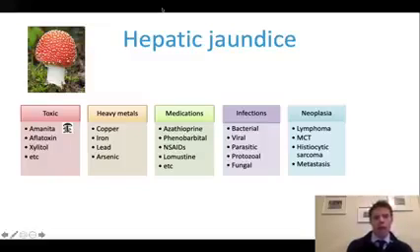But other heavy metals, iron, lead, arsenic, can also cause liver damage and ultimately lead to jaundice through that route. Medications that we use can cause hepatocellular damage, and there are some that we're very aware of.